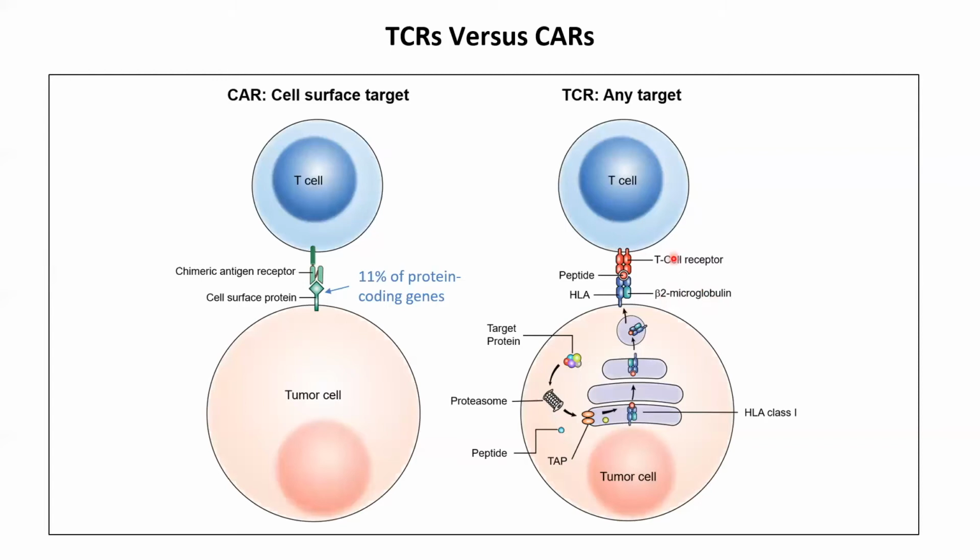To target those, we need a T-cell receptor, and a T-cell receptor targets a peptide bound to an HLA molecule, and the source of this peptide can be a protein anywhere in the cell. And this intracellular protein is processed into peptides by the proteasome, transported by TAP and loaded onto an HLA molecule. And that's what's presented on the surface of the tumor cell. And that's what can be targeted by a T-cell receptor.